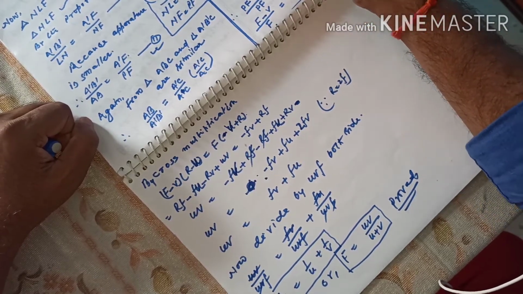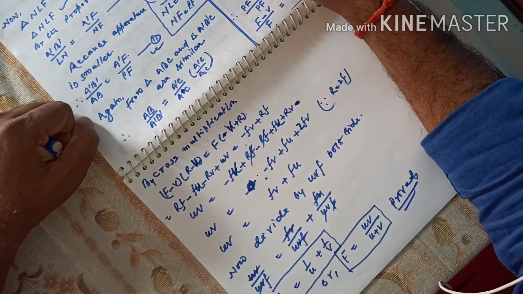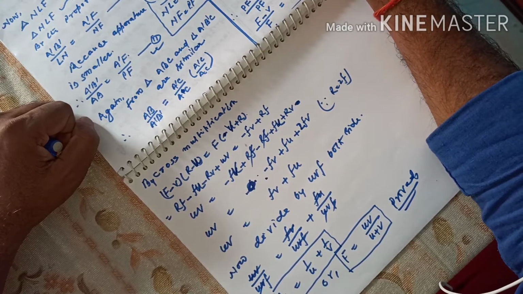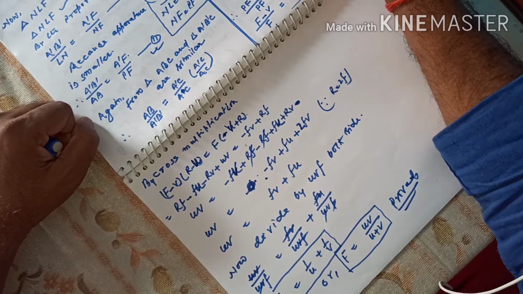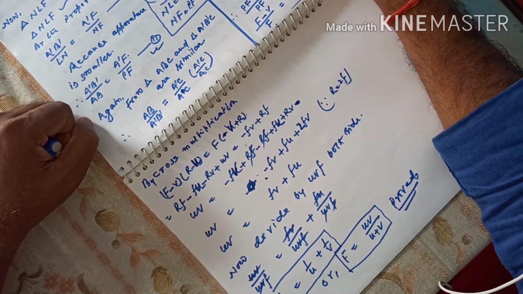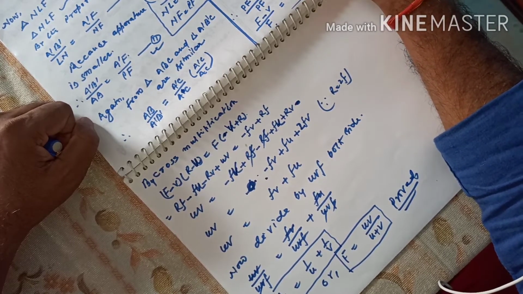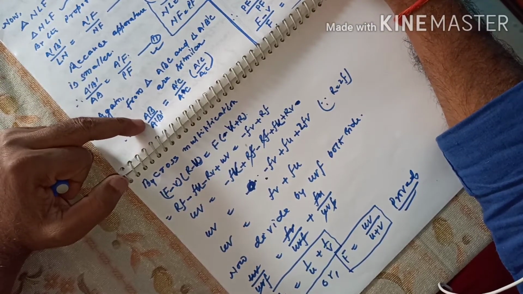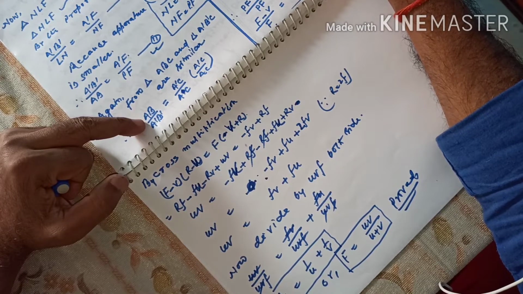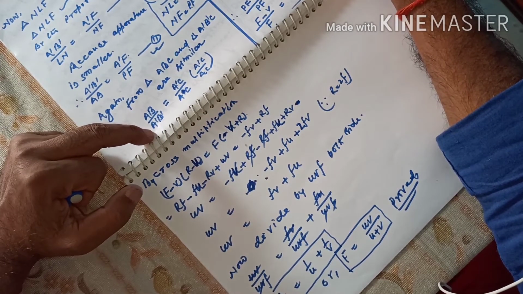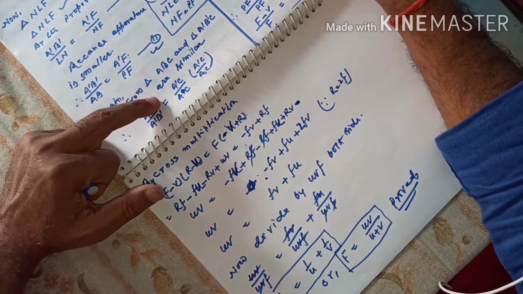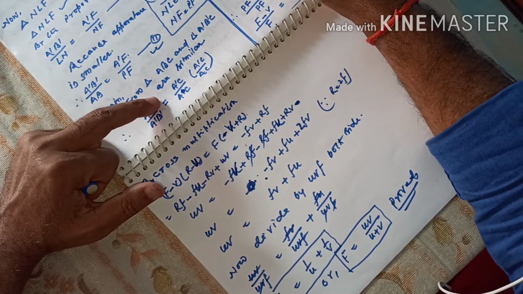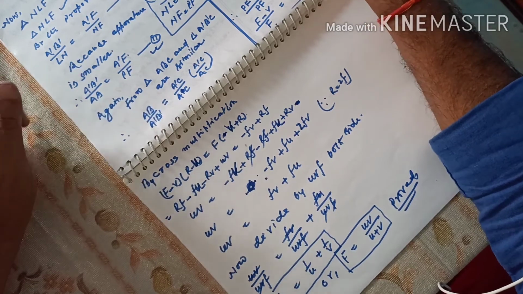Now discuss the triangles ABC and A'B'C. Both triangles are similar, therefore according to the law of proportion, AB/A'B' = AC/A'C.